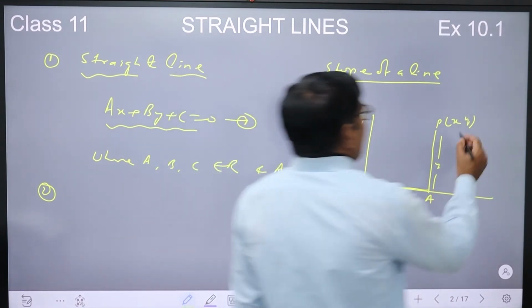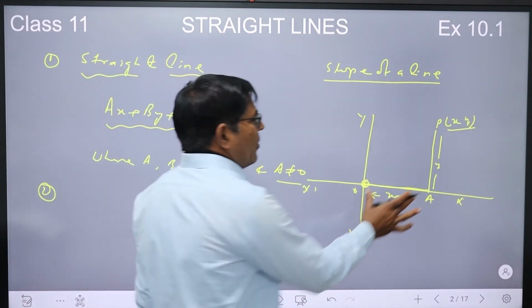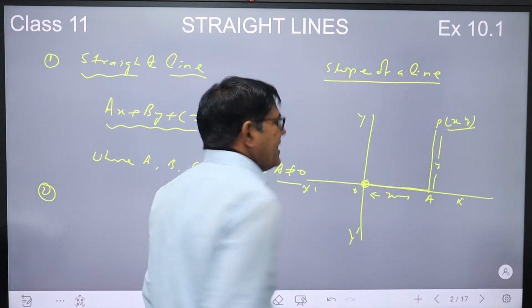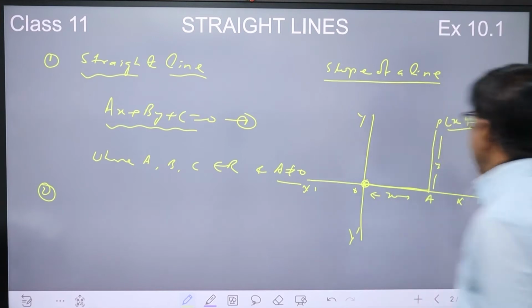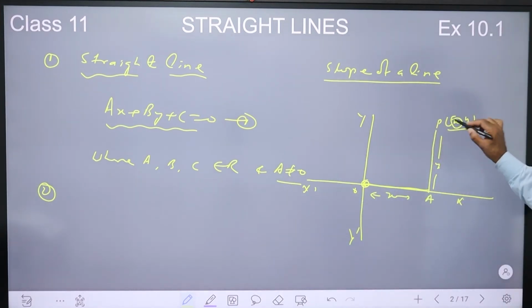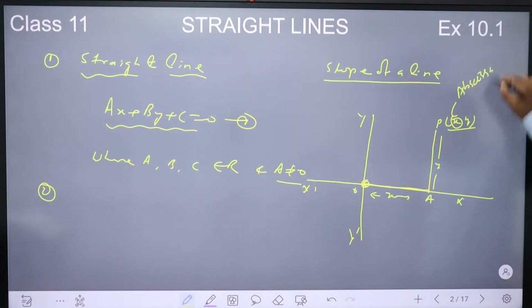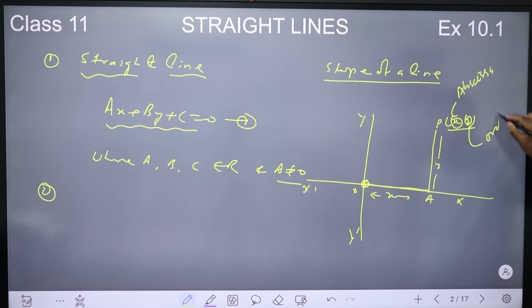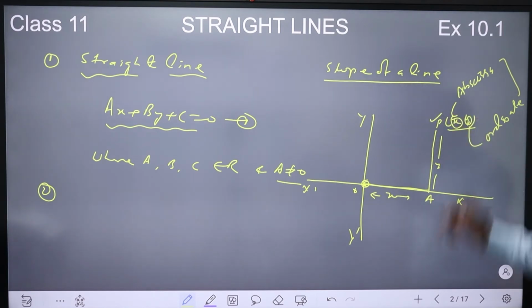So the point x comma y is given, then this x means distance on x-axis and y means distance from x-axis. And in 10th we have learned that this first point nomenclature is known as abscissa, and this y is known as ordinate. And in joint form, these two, that is x comma y, is known as coordinate of this point P.